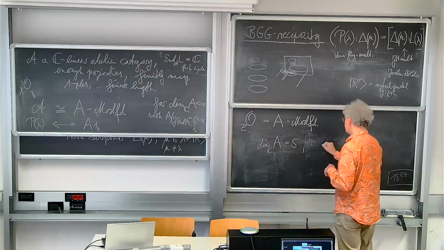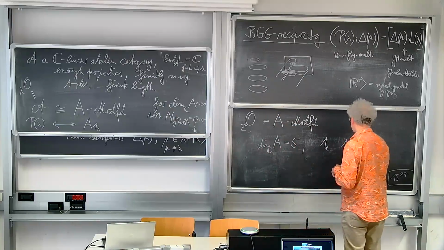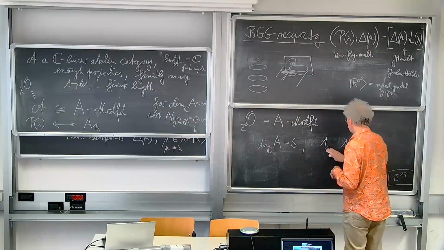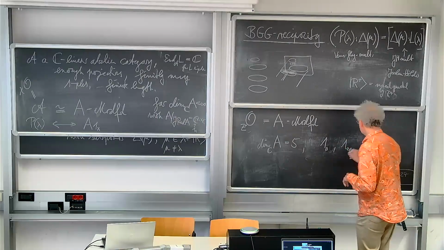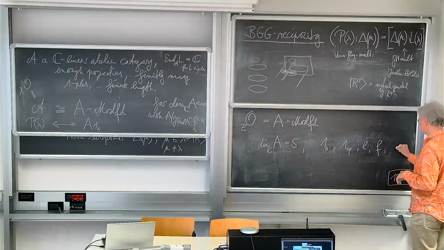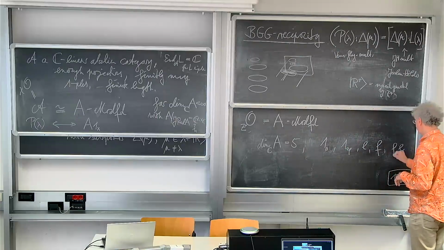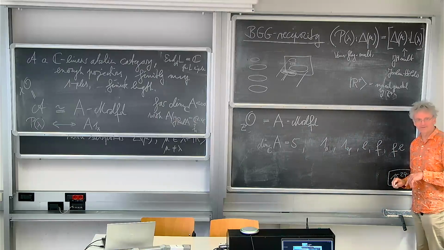The basis is 1_0, 1_{-2 rho}, these are idempotents, E, F, and EF. This is the basis of this algebra.